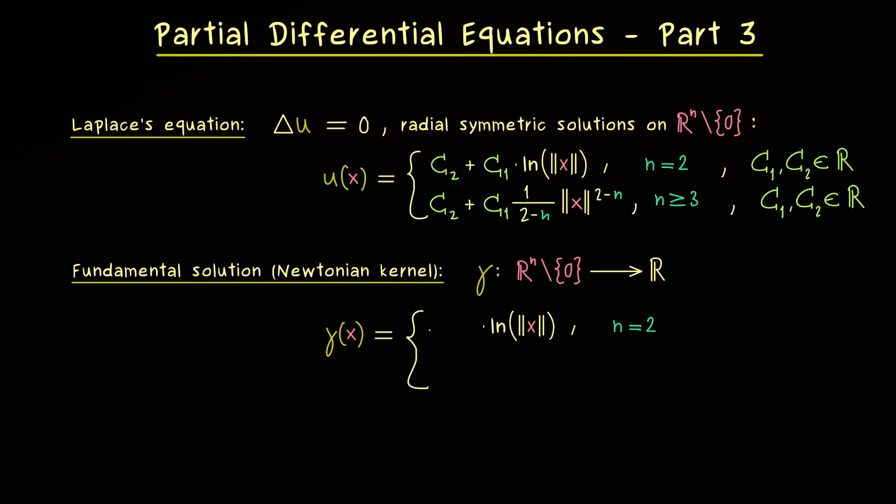So you see here in the first step, for n is equal to 2, I will use minus 1 over 2 pi. In fact, this makes the logarithm function in a small neighborhood around the origin a positive function. And exactly this is what I want here, and I also want to have it for all the other cases. And now I want to divide by the volume of the unit sphere in Rn.